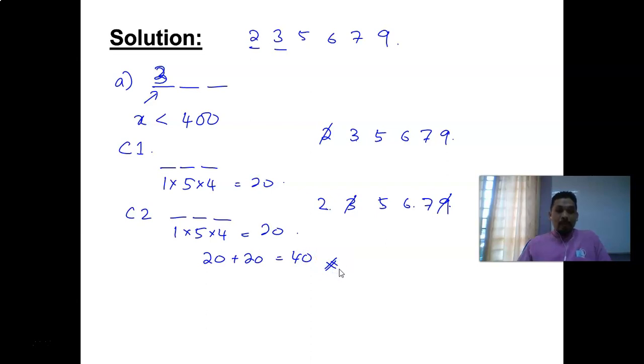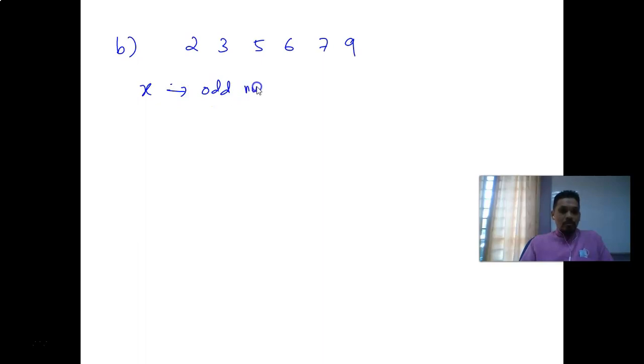Then next, question B, with 2, 3, 5, 6, 7, and 9: 3-digit numbers X which are odd numbers.